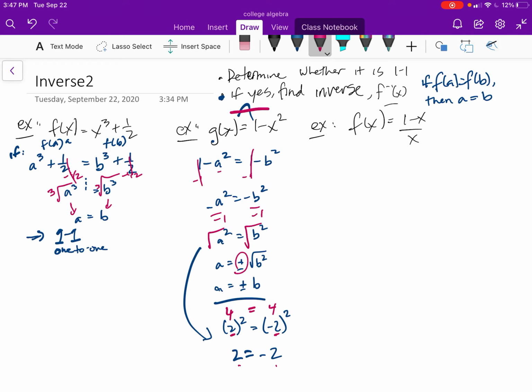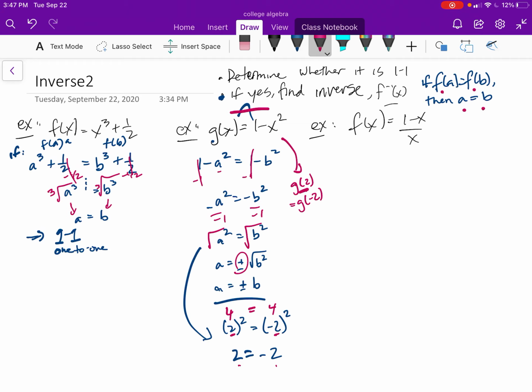Another way to just start this and know that it's not one-to-one, I could say, well, if I do g of 2, I would get the same thing as g of negative 2. Because the y's are the same, right? This says if the y's are the same, I have the same x's.